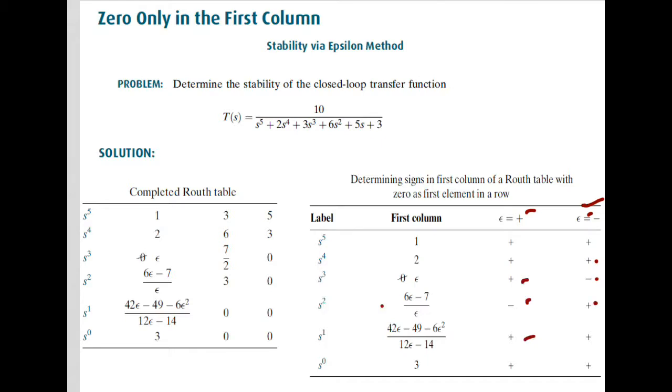Our result is exactly the same as for positive epsilon, and the system is unstable, with two poles in the right half of the plane.